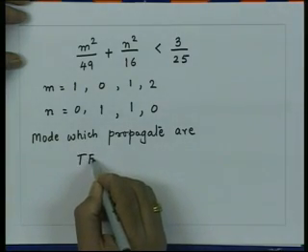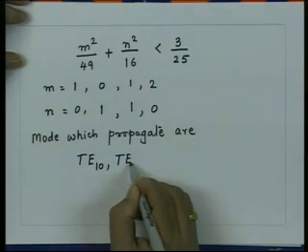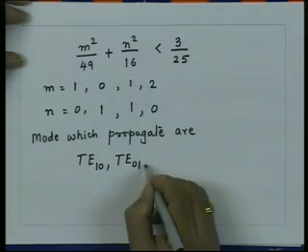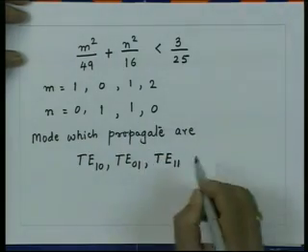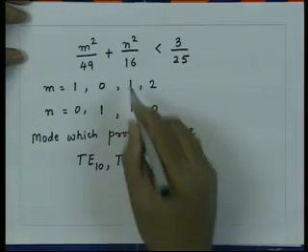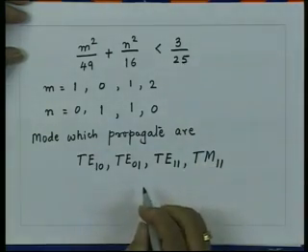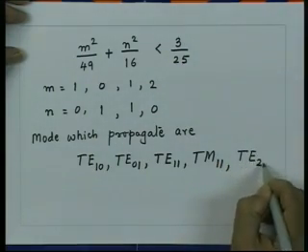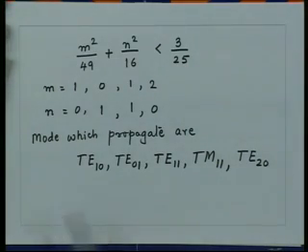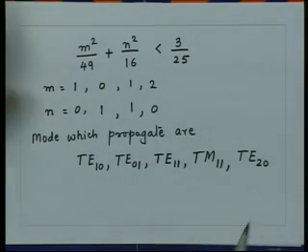You have TE10, then you have TE01, then you have TE11, but for both the indices non-zero, even the TM mode will be existing. So, you have got TM11, and then again you will get TE20. So, at 3 gigahertz inside this waveguide, these 5 modes will propagate: TE10, TE01, TE11, TM11 and TE20.